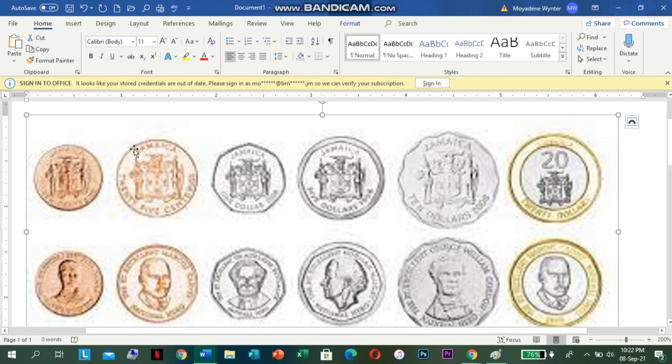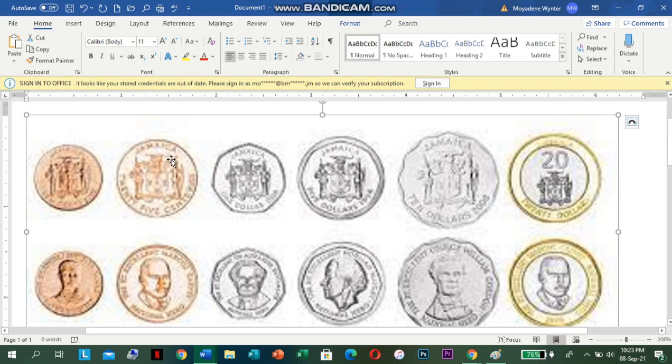So we're dealing with the cents. 100 cents make $1. 100 of these cents, 100 of these that the cursor is on, make one of this, which is the dollar.